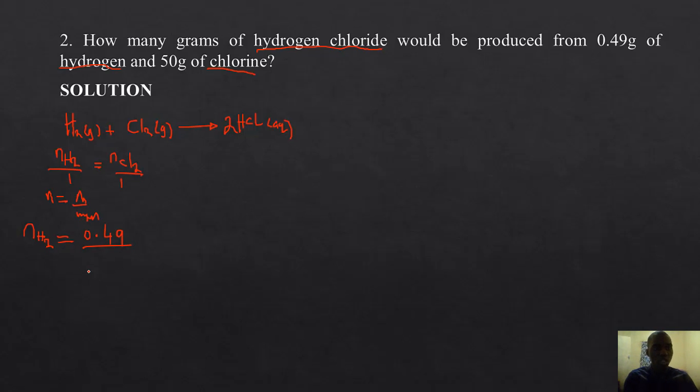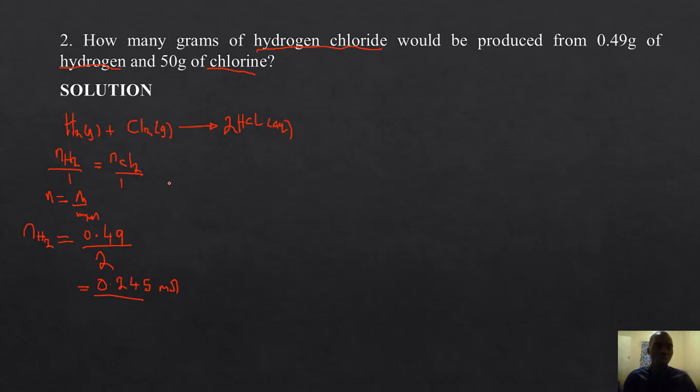Because it's H2, it is going to be 2, so we divide by 2. We know that on the periodic table it is 1, but 1 times 2 of these gives us 2. So we simply punch on the calculator, 0.49 divided by 2, and this one is giving me 0.245 moles.